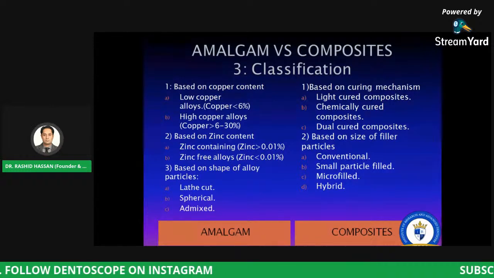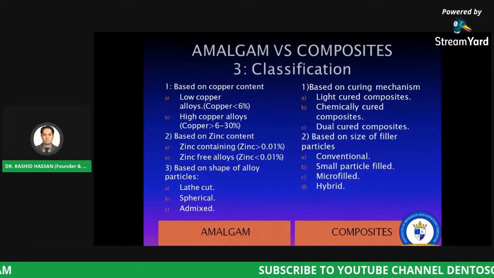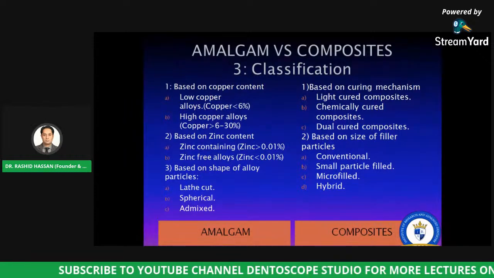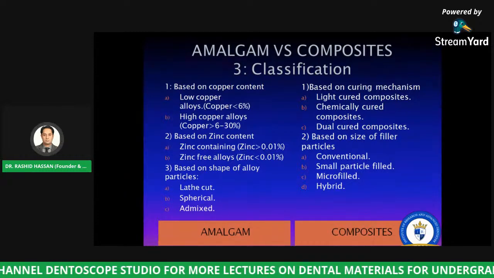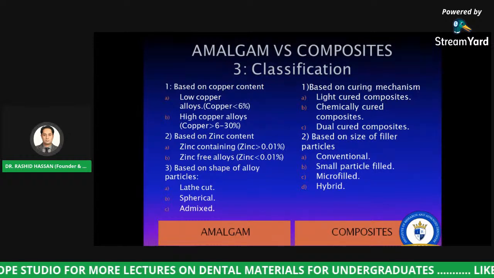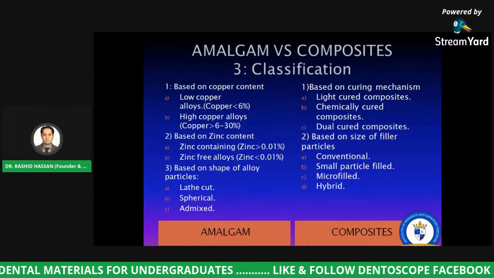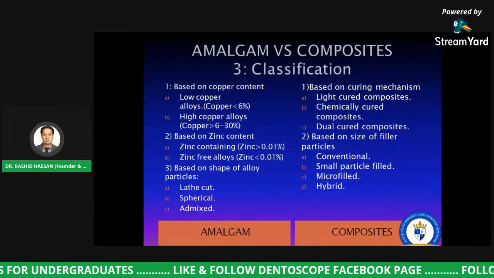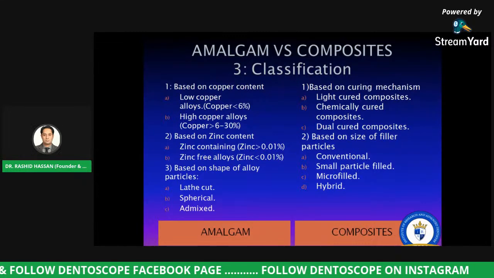In case of the conventional composite, the filler particle is quite large, about 50 micrometer in size. So it was the first dental composite to be introduced into the market for aesthetic restorations. Then, due to this large particle size, there was a problem in the surface smoothness. The surface was not smooth enough.